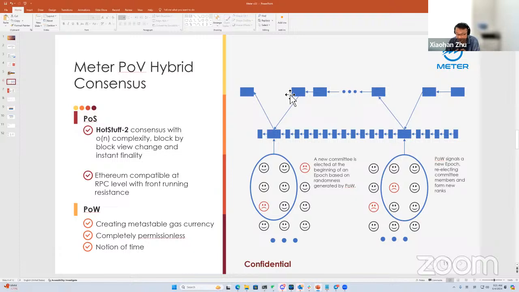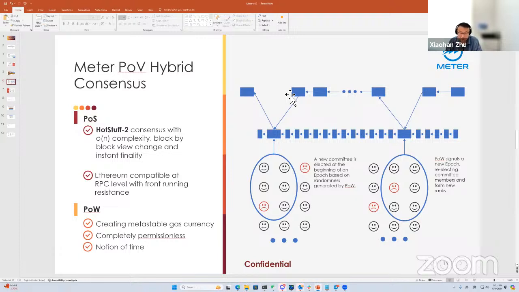All the validators observe and agree on what is the longest proof of work chain, and then send something back to the proof of work side to make sure the proof of work side just follows that path. So making the proof of work chain also deterministic.